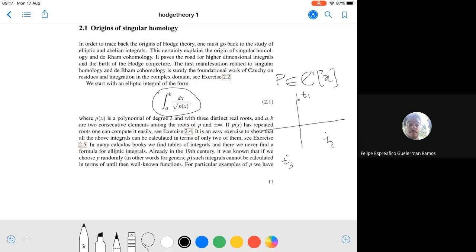And so in the complex domain, the integration will be from one root to another root. Maybe one exercise that I have put in the book is that these integrals near T1, T3 converge, because it's not clear. You see that at A and B, this integrand goes to infinity.